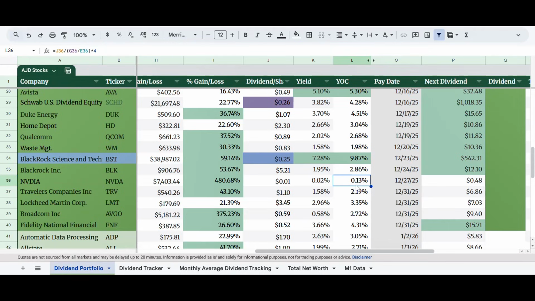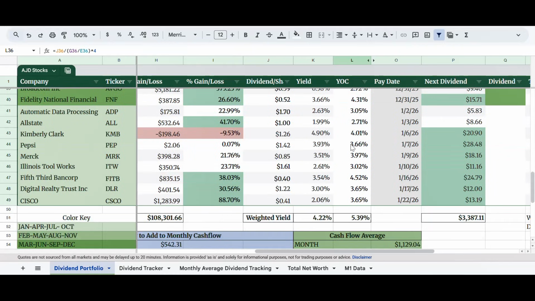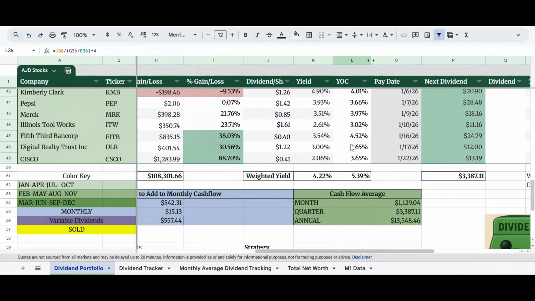And of course, you can see my yield on cost is a lot higher, but still at 0.13%, it's pretty darn low. But I think in the future this is going to turn into 1%, 2%, 3%. I think it will get there, this yield on my cost. It could take 10 years to do that, though, but I'm going to hold on to it and see if that's going to happen.